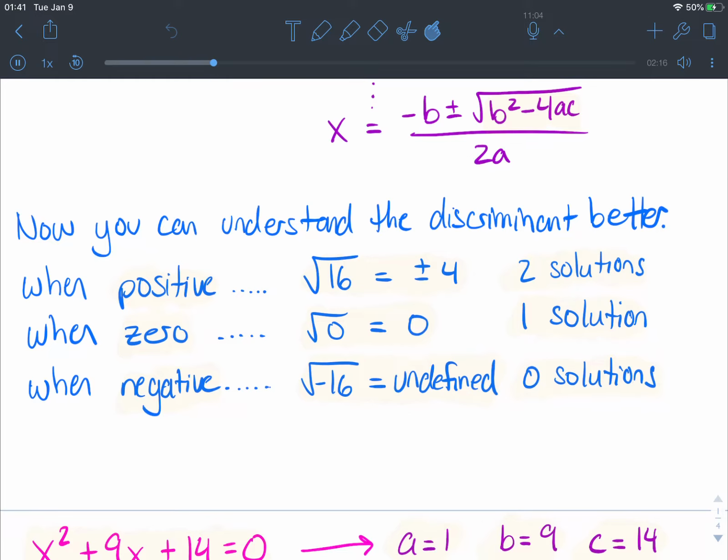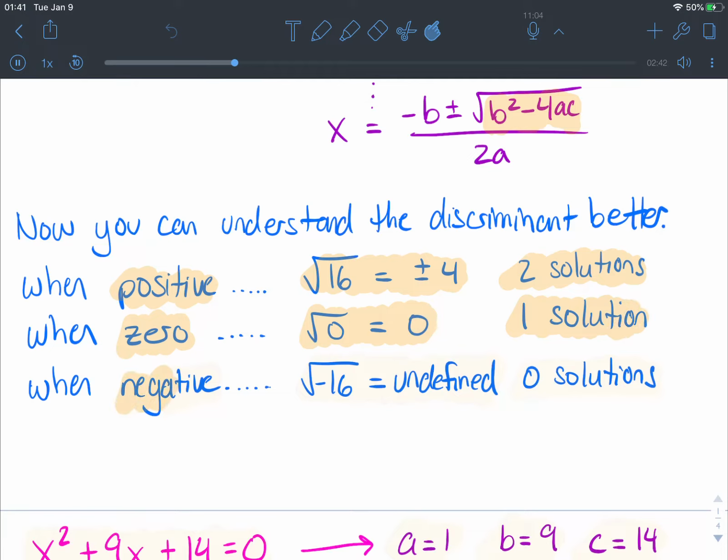But now I'm hoping you can look at the discriminant, which was b squared minus 4ac, and truly appreciate that when that number is positive, such as down here in this example, you're going to have two solutions. Then if it's equal to 0, the square root of 0 is 0, which is going to give us one solution.